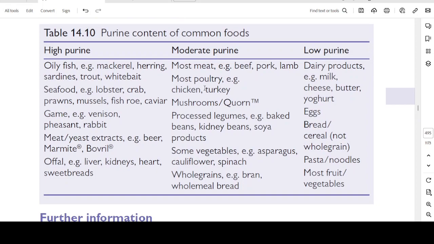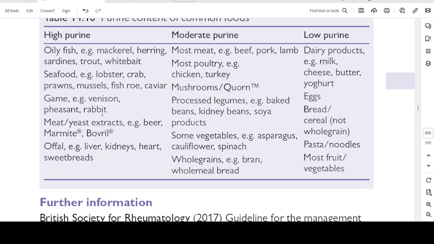So high purine foods, moderate purine foods and low purine foods. High purine foods are oily fish like mackerel, herring, sardines, trout and whitebait. Seafood, for example lobster, crab, prawns, mussels, fish roe, caviar. Game, venison, pheasant, rabbit.